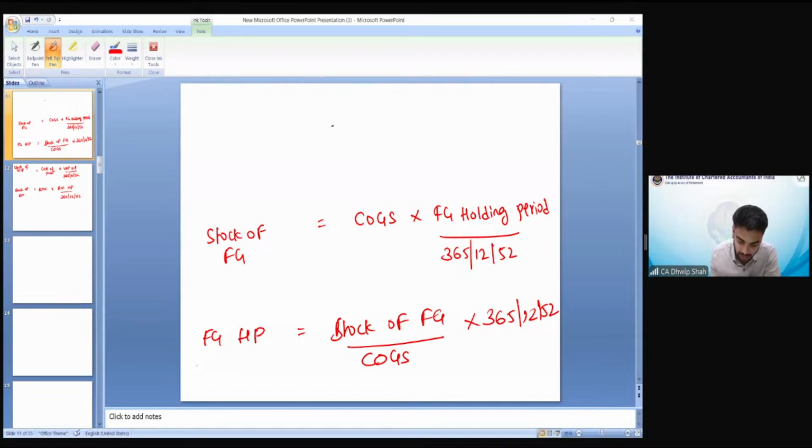Why? Because the stock of FG is always based on COGS.